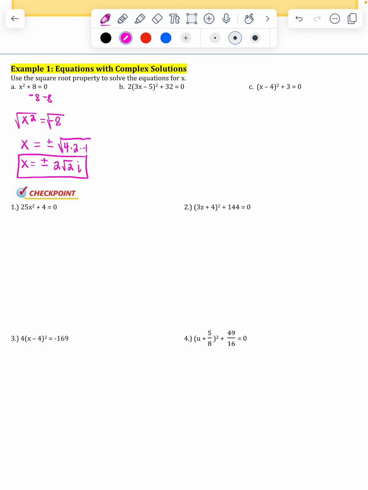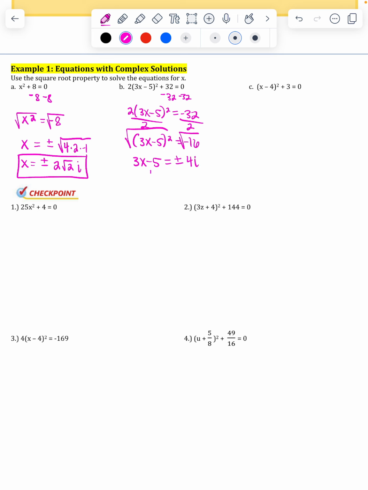And then the second one, again, square root method, way to go here. Subtract 32 and we would get 2 times the quantity 3x minus 5 squared equals -32. And then let's divide both sides by 2. And let's undo the square by square rooting. So we get 3x minus 5 equals plus or minus the square root of -16, which is just going to be 4i.